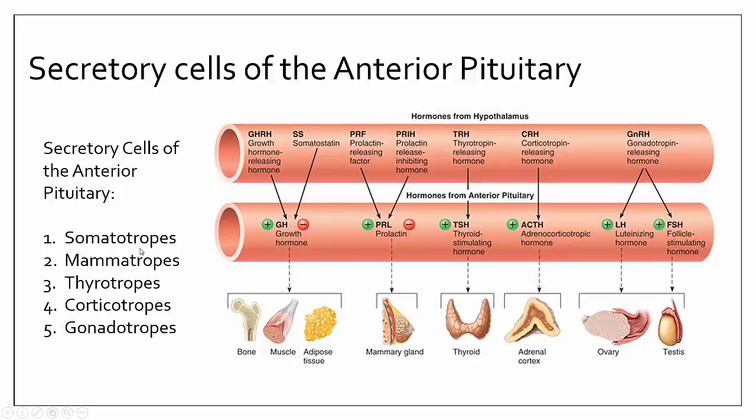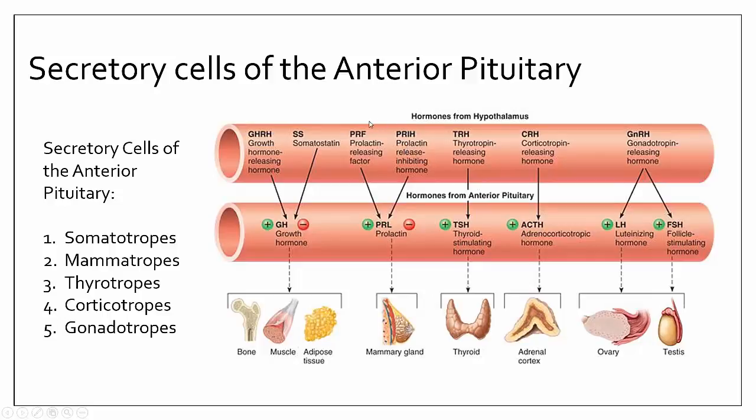Okay, so somato, body. Somatostatin, this is the inhibitory one. Growth hormone releasing hormone is the stimulation one. They affect somatotropes. The GHRH increases the secretion of growth hormone. The somatostatin inhibits secretion of growth hormone. Growth hormone is released into the blood from the anterior pituitary, and it goes out and affects bone, muscle, and adipose tissue.